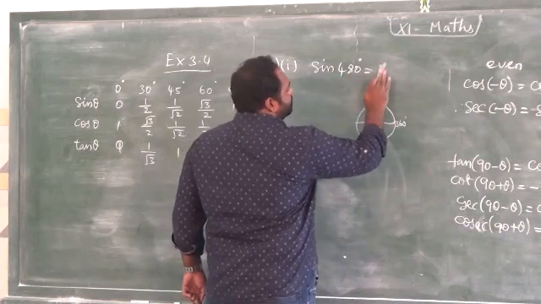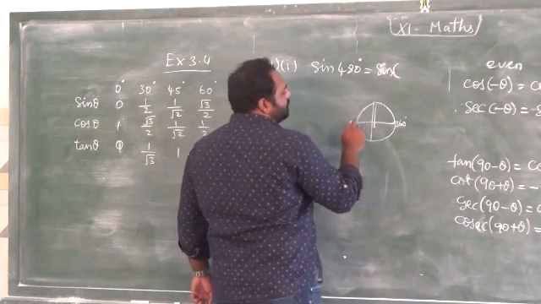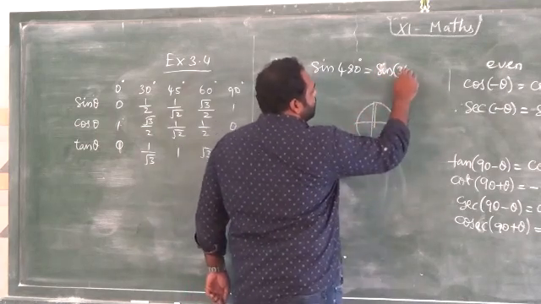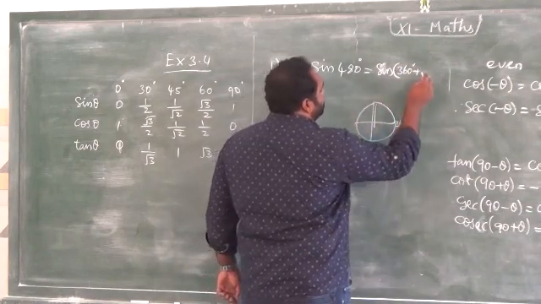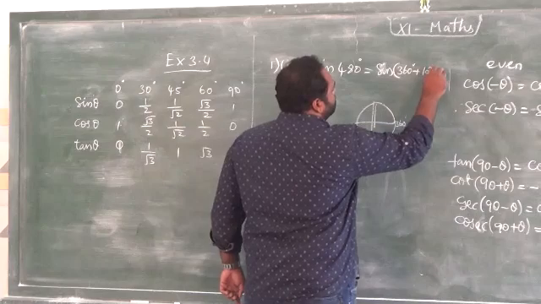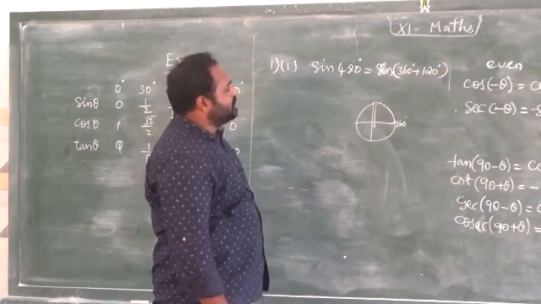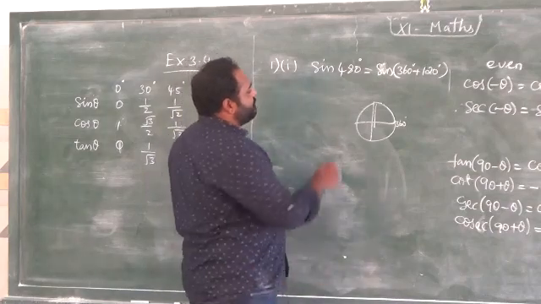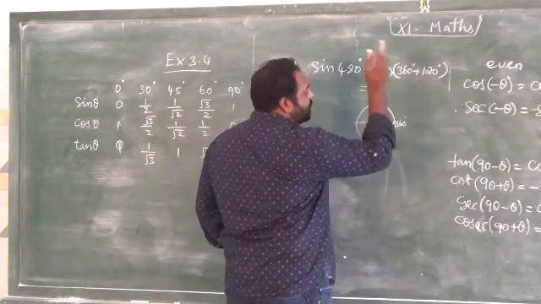So 480 can be split as 360 plus 120, that is, 360 plus 90 plus 30.